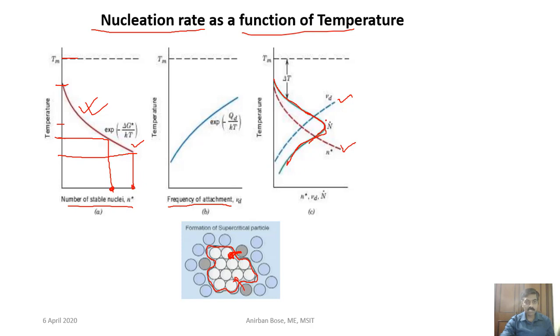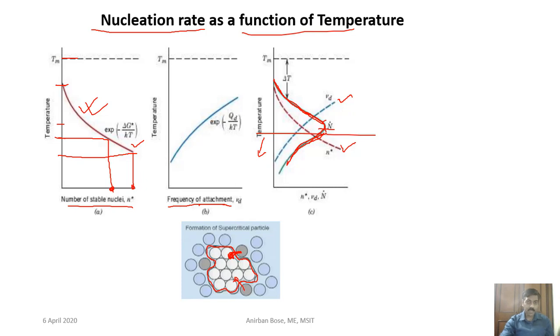So you can see up to this much, it is basically the degree of undercooling dictates the fact. If the degree of undercooling is large, then nucleation rate is more. But after reaching a certain value, you can see the diffusion is also very important, because now the temperature is so low, below which the temperature is so low, then this diffusion will not take place, or the frequency of attachment will be very, very low, and that's why the chances of forming further nucleus will not be possible.